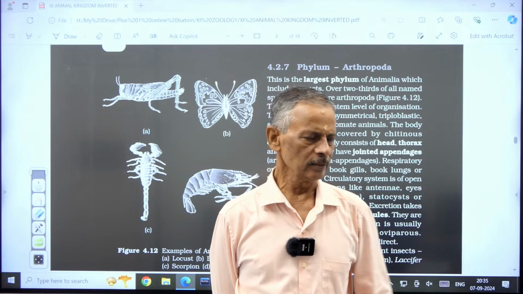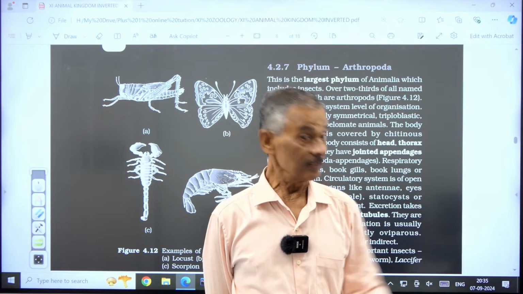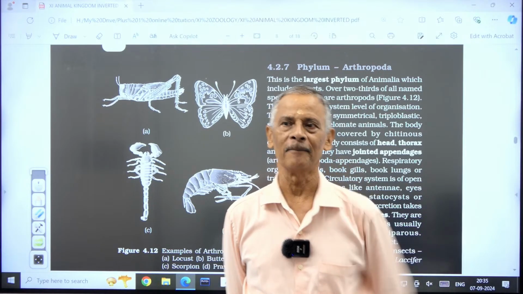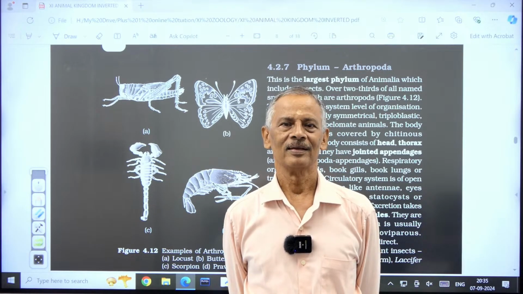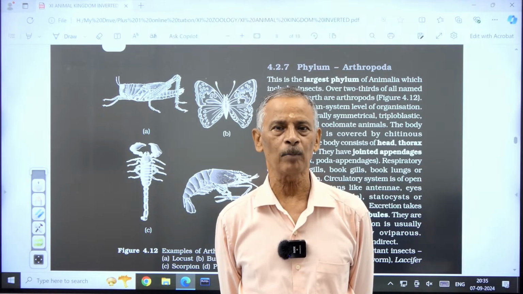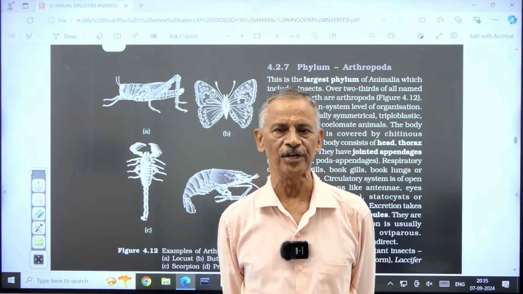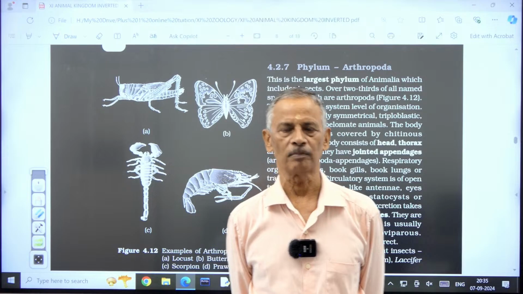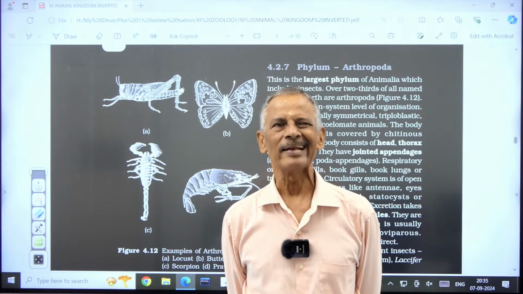Can we go to the next phylum, which is the largest phylum, which accommodates about 2/3 of the total number of species that are all studied in animal kingdom. More than 9 lakhs.